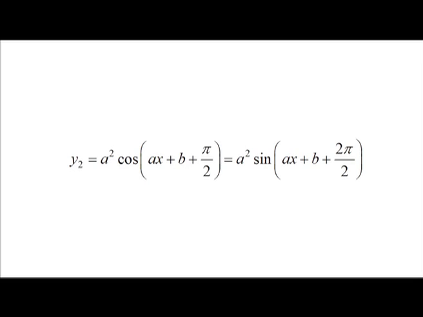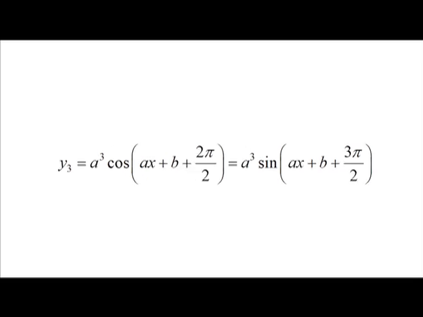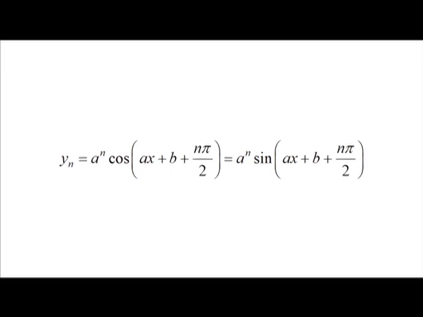Similarly, y2 is equal to a square into cos of ax plus b plus pi by 2, which is equal to a square into sin of ax plus b plus 2 pi by 2. y3 is equal to a cube into cos of ax plus b plus 2 pi by 2 equal to a cube into sin of ax plus b plus 3 pi by 2. yn is equal to a power n into cos of ax plus b plus n pi by 2 equal to a power n into sin of ax plus b plus n pi by 2.